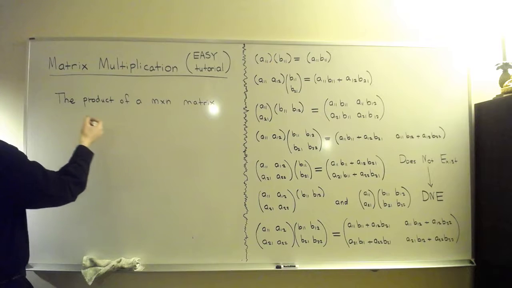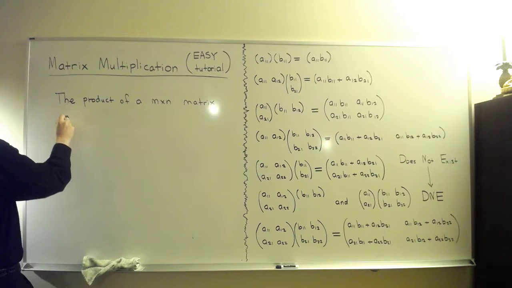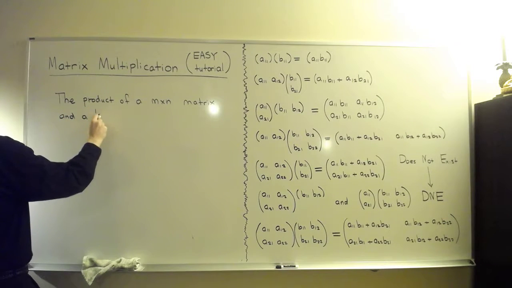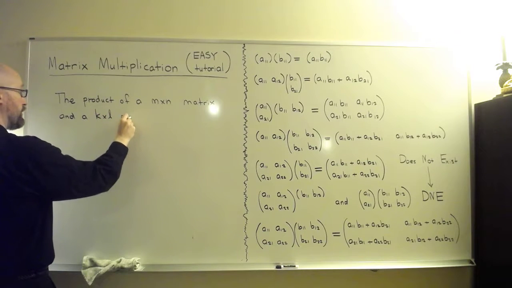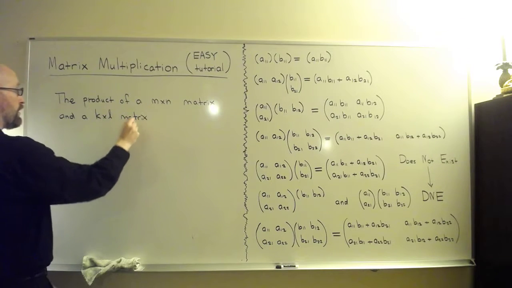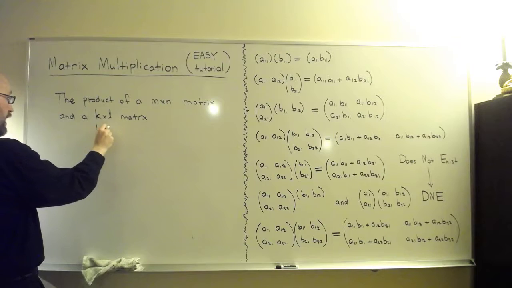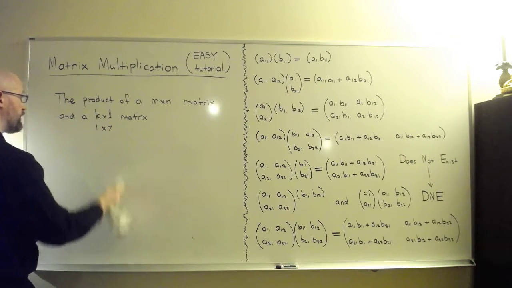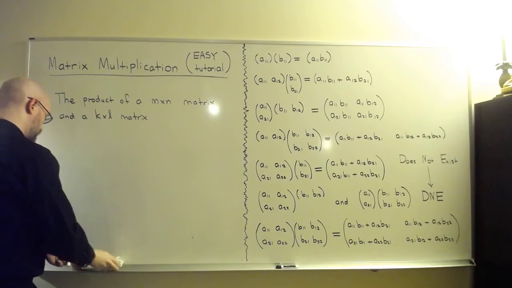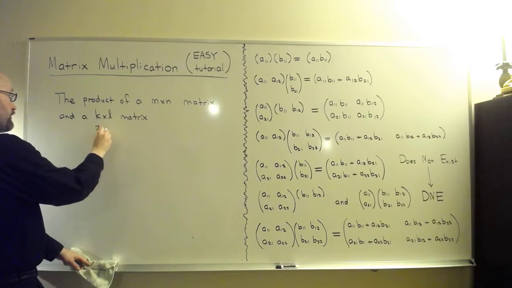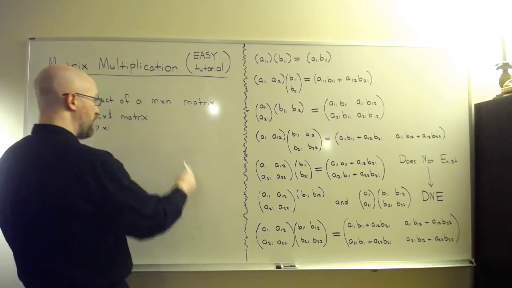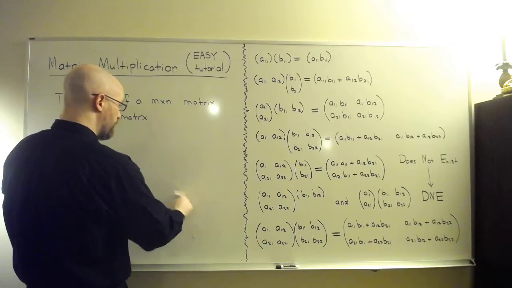The product of an M by N matrix and a K by L matrix, and of course in this particular case, the K by L was 7 rows and 1 column, because it just had that 1 column there, and then 7 rows, 1, 2, 3, 4, 5, 6, 7.